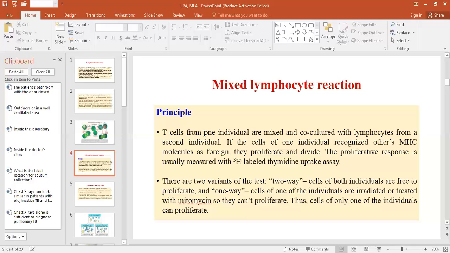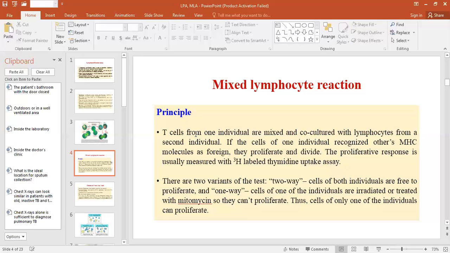Then we have to mix them and go for co-culture. So if the cells of one individual recognize the other's MHC molecule as foreign, they proliferate and divide. And the proliferative response is usually measured by the process I have just discussed, the tritium labeled thymidine uptake assay.